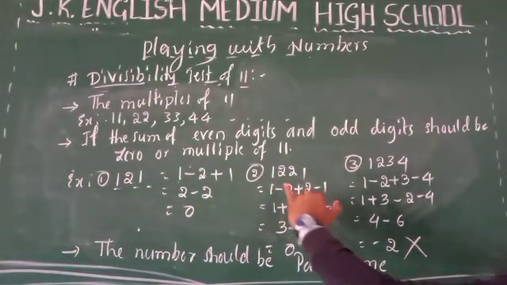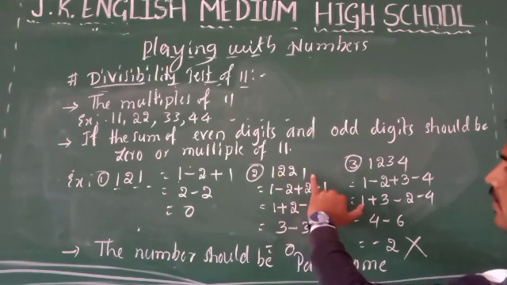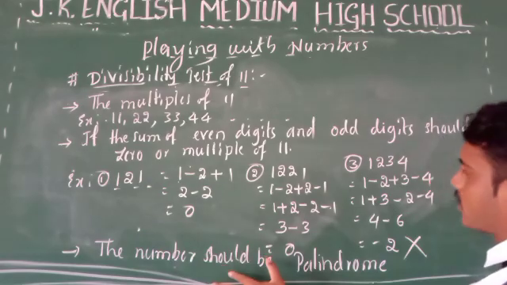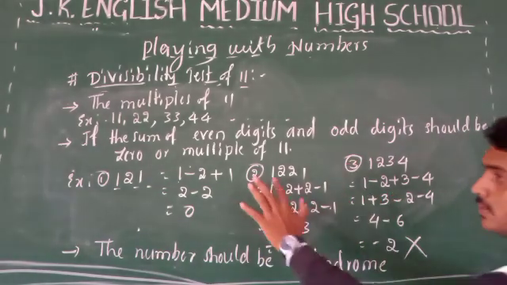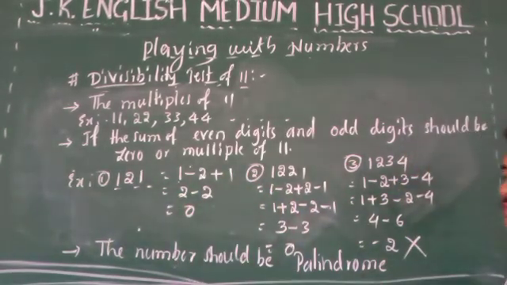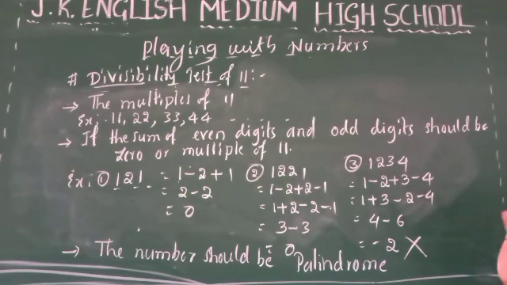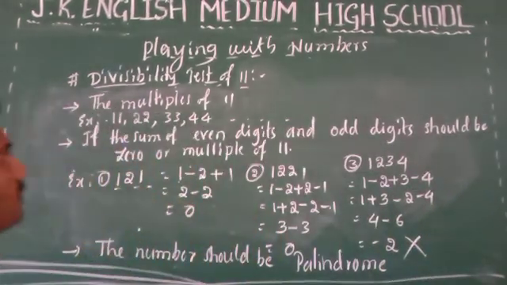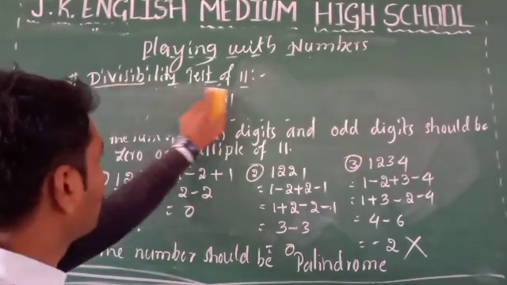Look here. 1221. These type of numbers are called palindromes. This is not a palindrome. These type of numbers are called palindrome numbers. So this is one of the best divisibility tests in the number system. Clear? Okay.